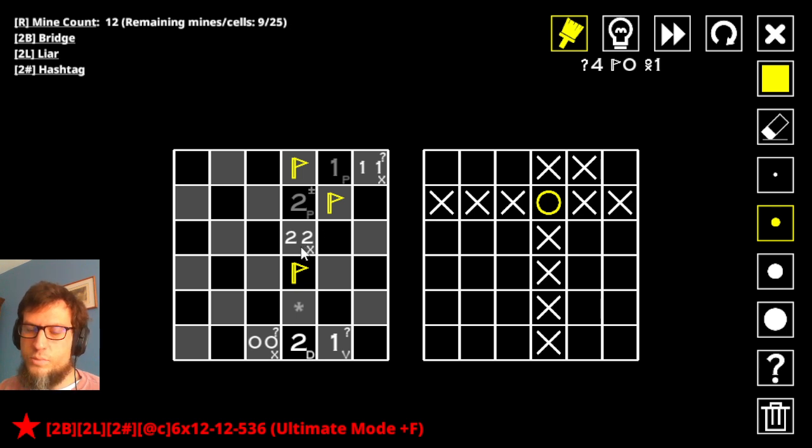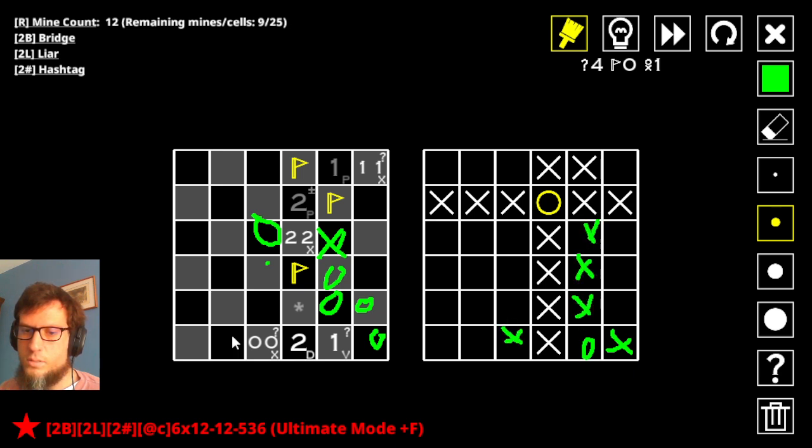Now I guess there's about 2 things that can happen here. Either this is a mine, forcing that not to be, which would force this like that. Oh, which would kill all that as well. Forcing this to lie, thereby making this guy honest, which kills all of that, which thereby forces this into that spot, which then covers that, thereby forcing this.